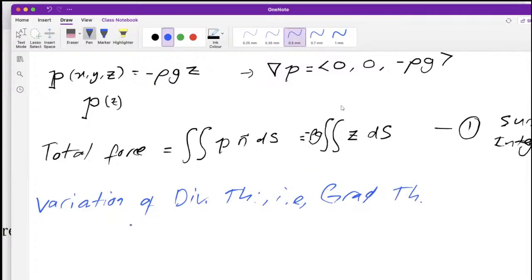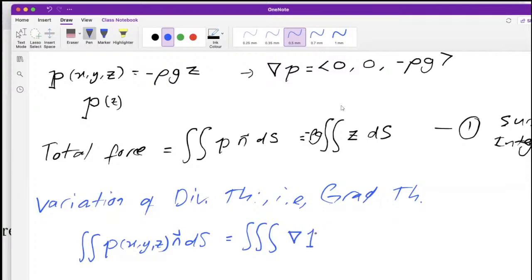So what does the theorem say? It says that the surface integral of a scalar function in x, y, z times the normal vector over the surface is the triple integral over the volume of the gradient of the pressure dV.